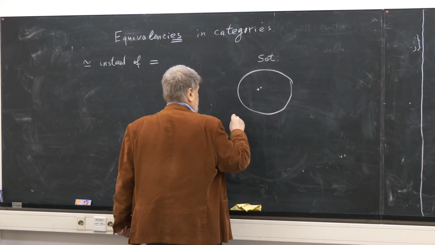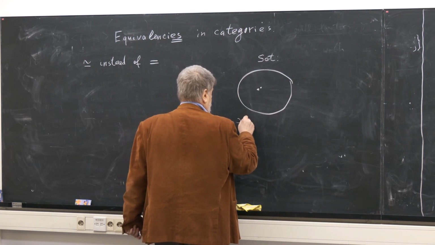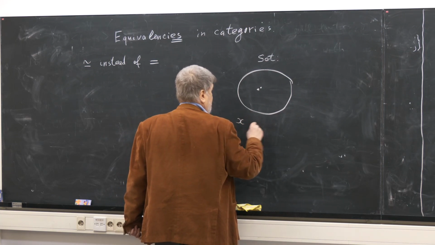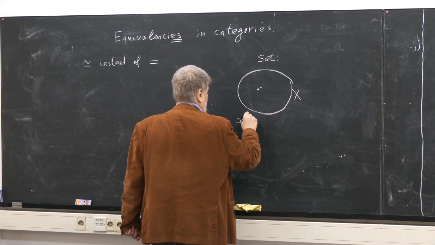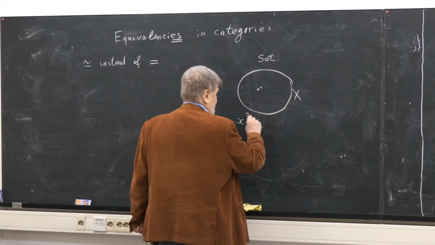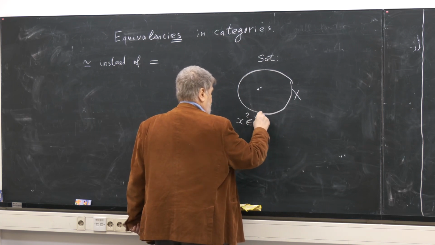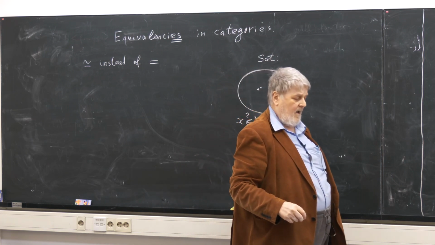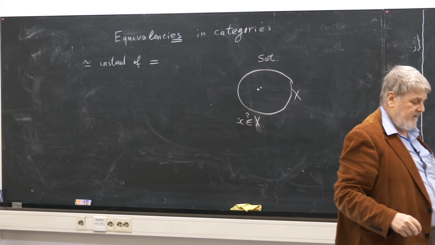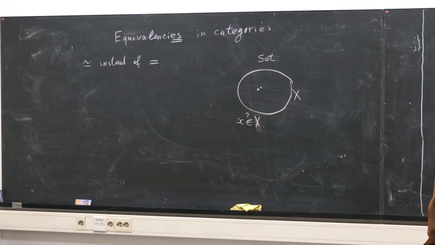There are two basic signs. If this is X, we can ask about anything in the world whether it is an element of the set X or not.